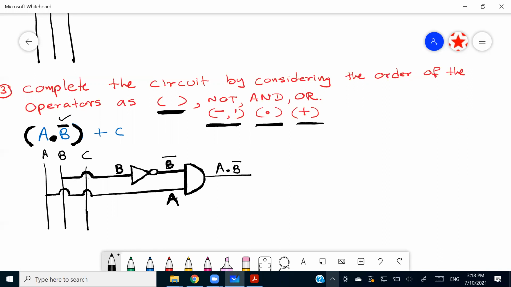We are going to involve the C in the next step, Ravindu. We are still inside the bracket. Only now we have solved the bracket.